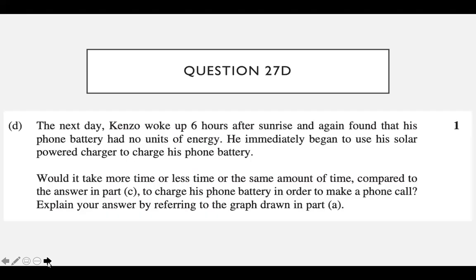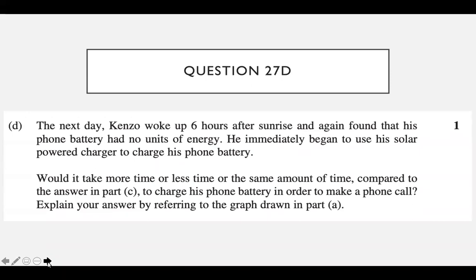All right, we're on to the last part of the last question here, part D, and this one really polarized the students in the sense that it was either understood quite well, or students may not have had the opportunity to interact if they weren't able to access the question. But having a look here, it says, the next day, Kenzo woke up 6 hours after sunrise and again found that his phone battery had no units of energy.